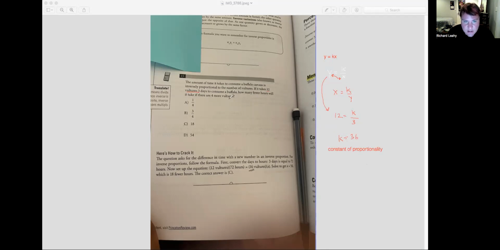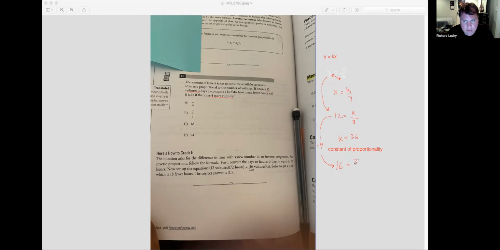Now it's asking about what if there are 4 more vultures or more birds eating the buffalo. So that will increase the number 12 to 16. Okay, so where are we getting 16? That comes from 12 vultures plus 4 vultures, giving me 16 equals the constant of proportionality, this k. I'm not going to write k this time.